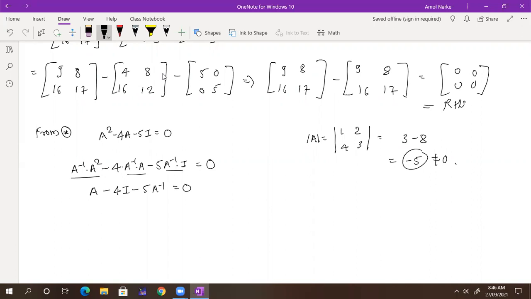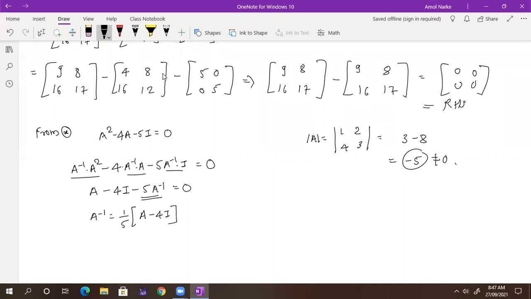You need to find the value of A inverse, so shift that term to the other side. So A inverse is equal to 1 divided by 5 into, I just shifted this term here, so it becomes plus, A minus 4 into identity matrix.